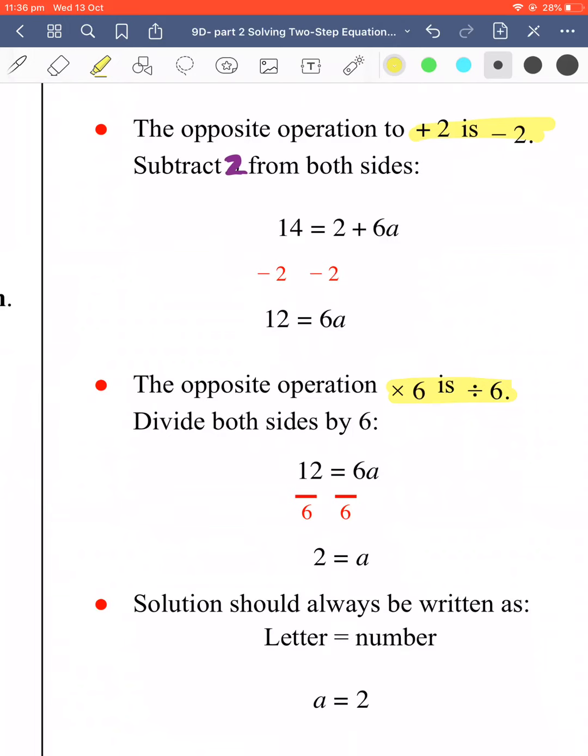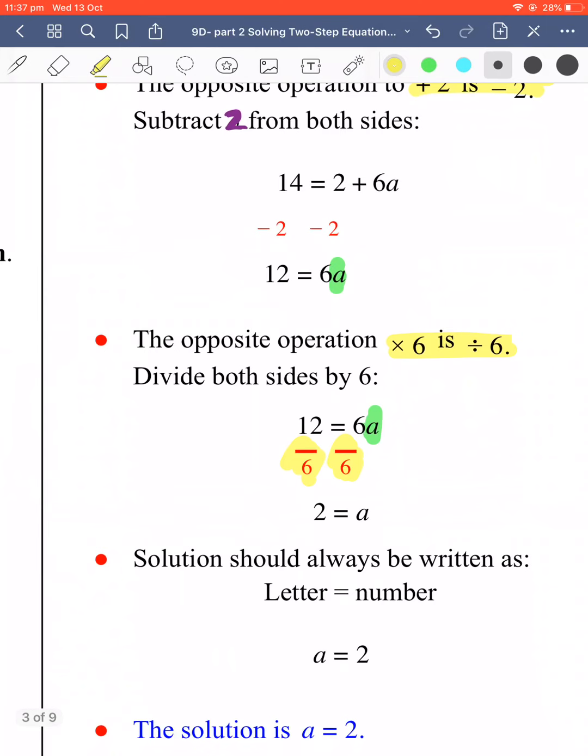So I need to get my a pronumeral to be just by itself. So what I have to do is undo this multiply by 6, and I do that by dividing by 6. So if it's multiplying, I undo it using the opposite operation, which is division in this case.